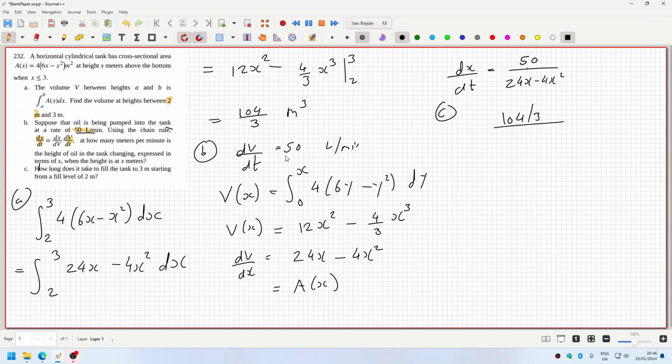So that'd be 50 over 1,000 meters cubed. So I'll divide that by 1,000. Yeah, okay. 104 divided by 3 divided by that. That is 693 and a third minutes.